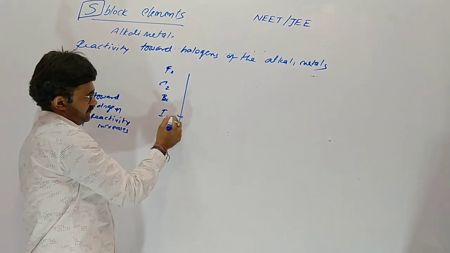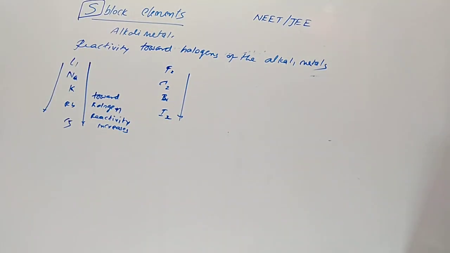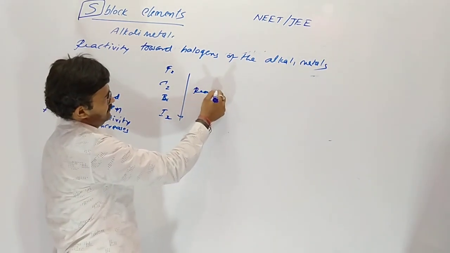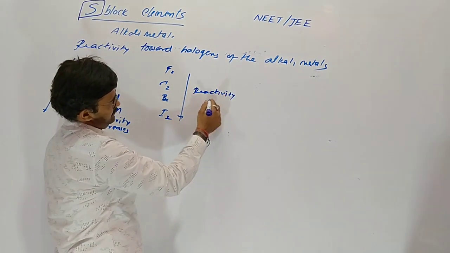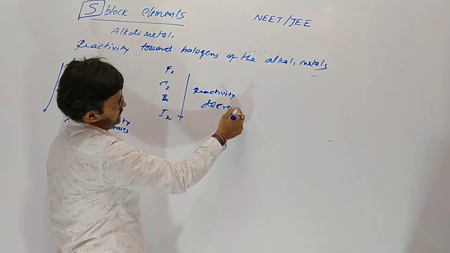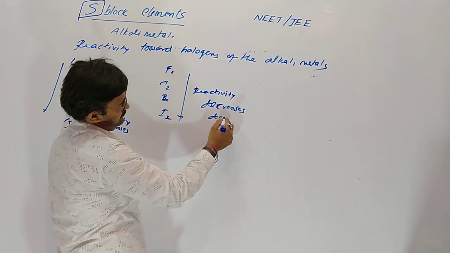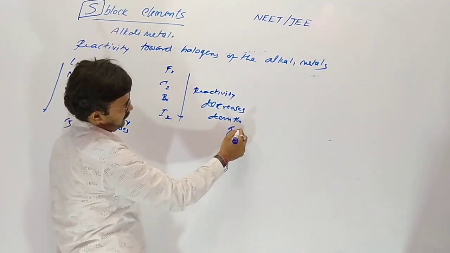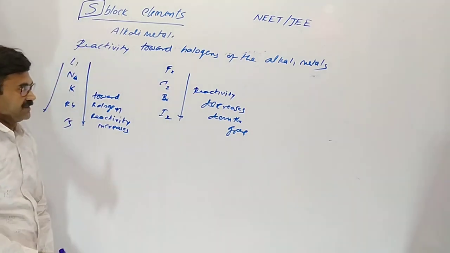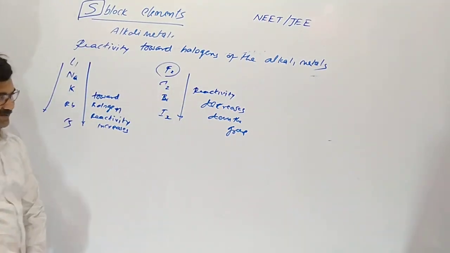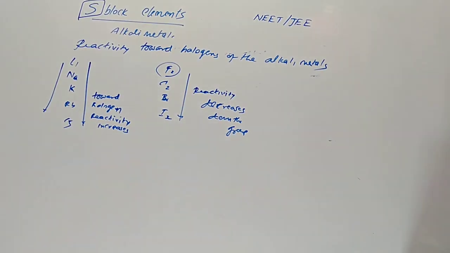But in the case of fluorine, chlorine, bromine, iodine, reactivity decreases down the group. Fluorine is highly reactive, then chlorine and bromine less so.